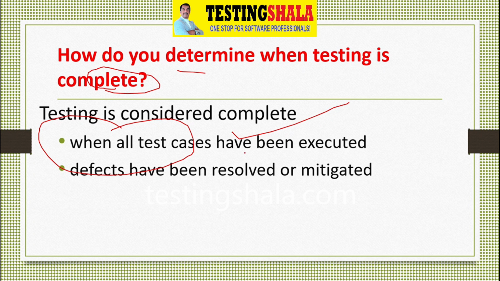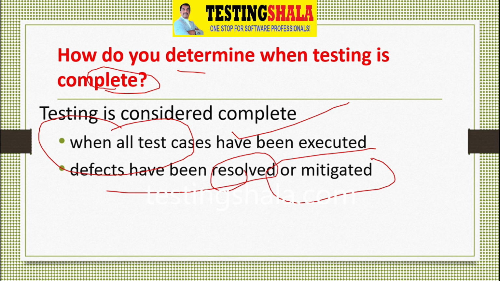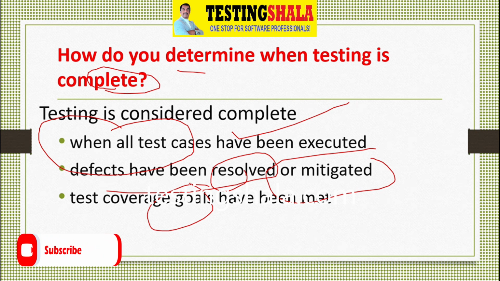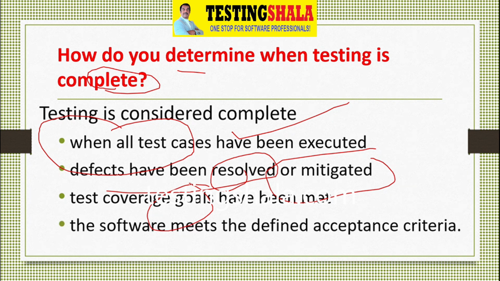And all the defects we raised should be in a resolved status, or in a mitigated or deferred status. And the test coverage goals also have to be met. Sometimes we may define that 95% test coverage should be there, or 98 or 90%, and we should meet that goal when we say testing is complete.